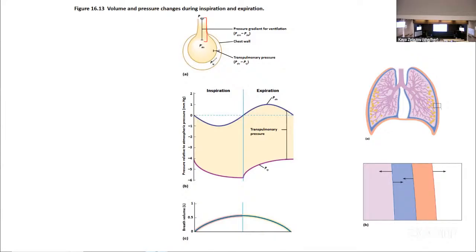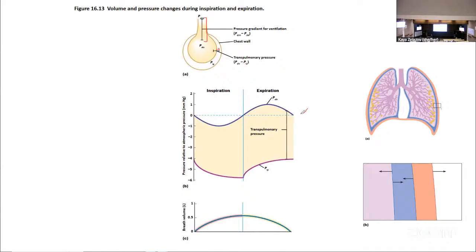We know we have an intrapleural pressure in the sac that can help the lungs follow the chest wall. If we wanted to calculate, from the lung wall's perspective, exactly how much it's getting dragged and suctioned onto the chest wall, that's our transpulmonary pressure, all of which expands this alveolus, making it larger during inspiration.